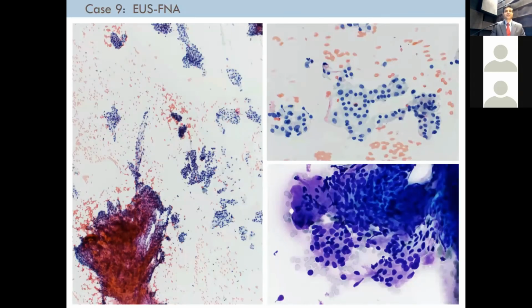The FNA smears actually showed bland, cohesive cell clusters. And as you can see in this high power image of a Pap stained smear, these cells have very round, kind of bland nuclei, but characteristic, abundant, almost clear cytoplasm.